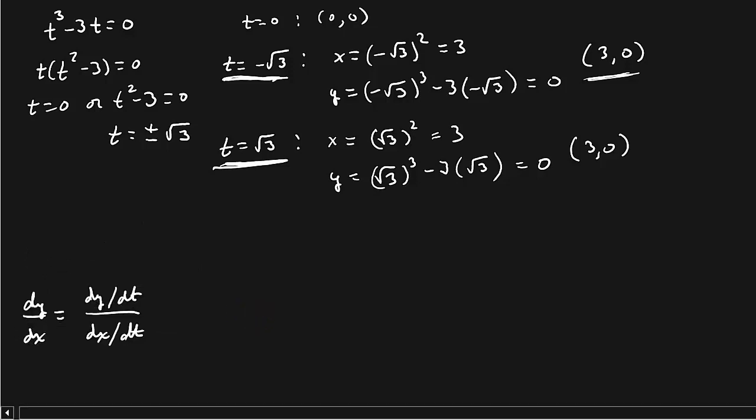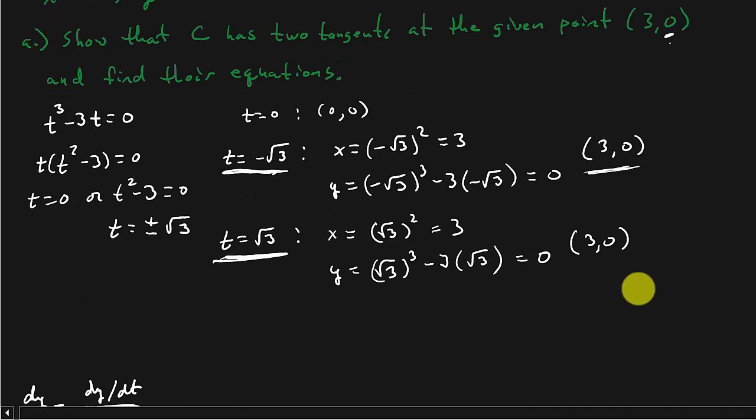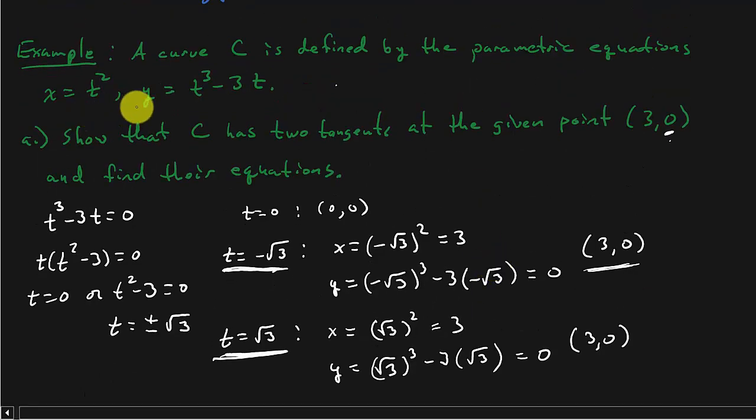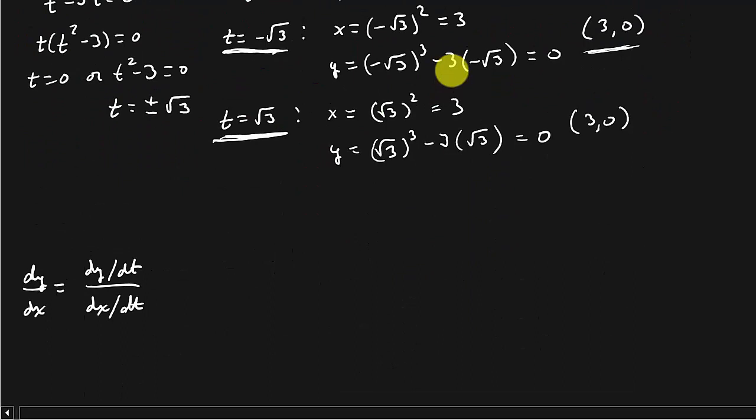All right, so I want to write down the equations again. I'm going to just copy these down again. So I've got x equals t squared, and y equals t cubed minus 3t.